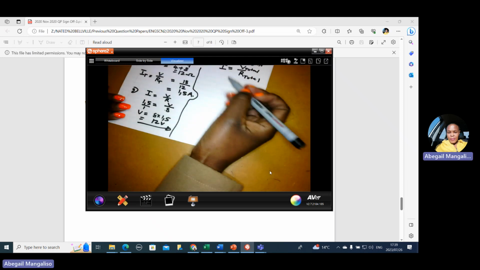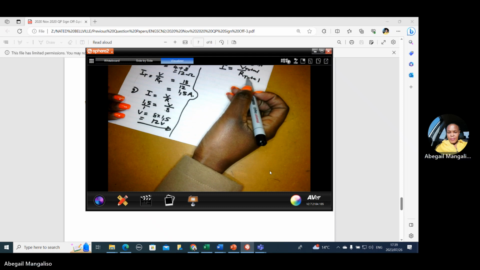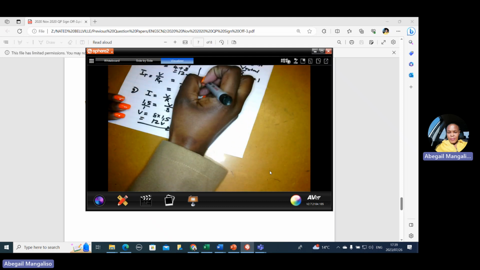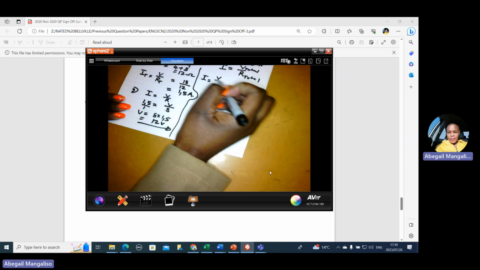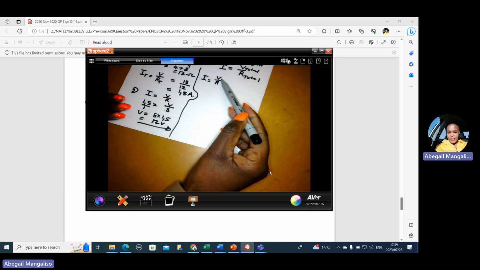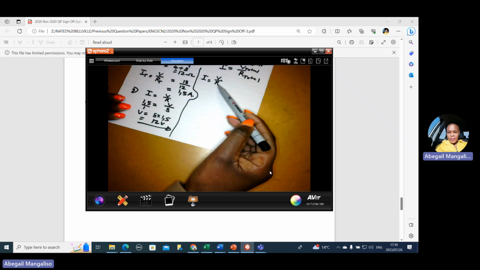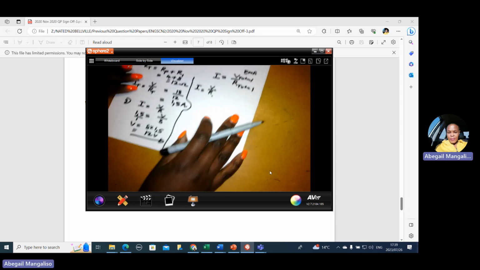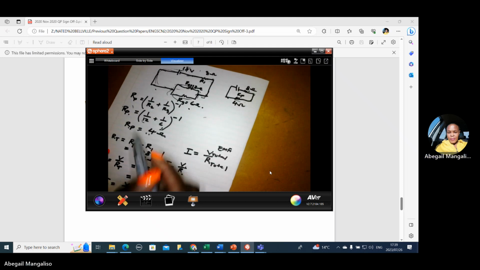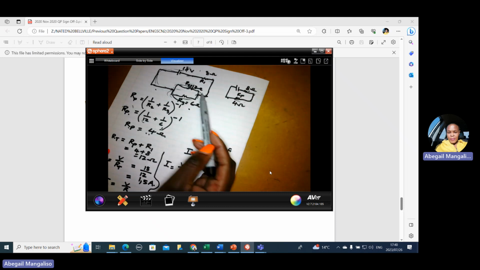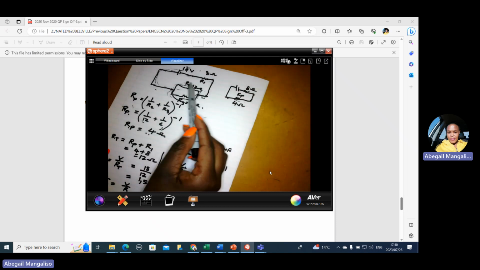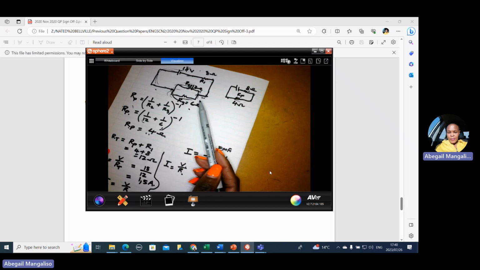In order to get current through that resistor, we're going to use the formula I equal to V over R. But this voltage is that of parallel and this voltage is that of 12. The relationship is that when resistors are in parallel, they have the same voltage. So we can first get the voltage of this circuit, the one we're going to call VP.